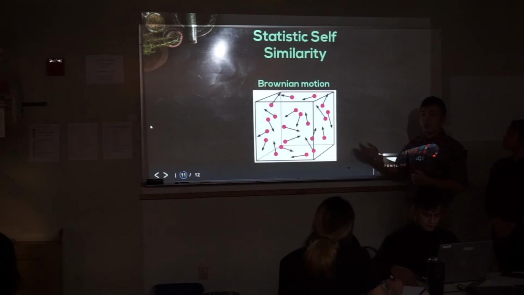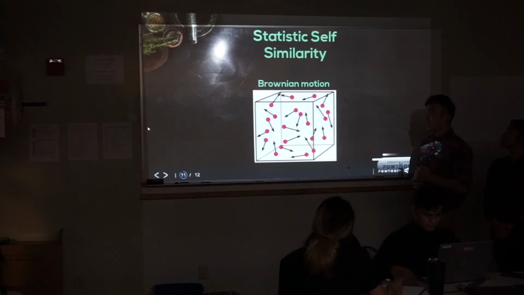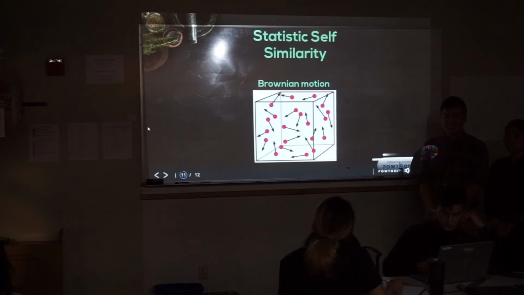The example I chose is Brownian motion, which is the tendency of particles suspended in liquid to move after colliding with another particle. You can see that it's random, but it's technically a fractal.